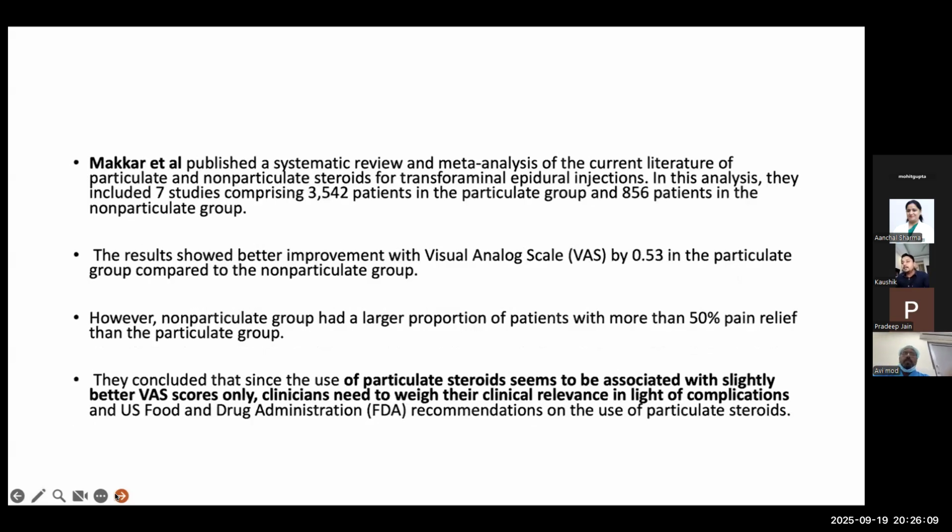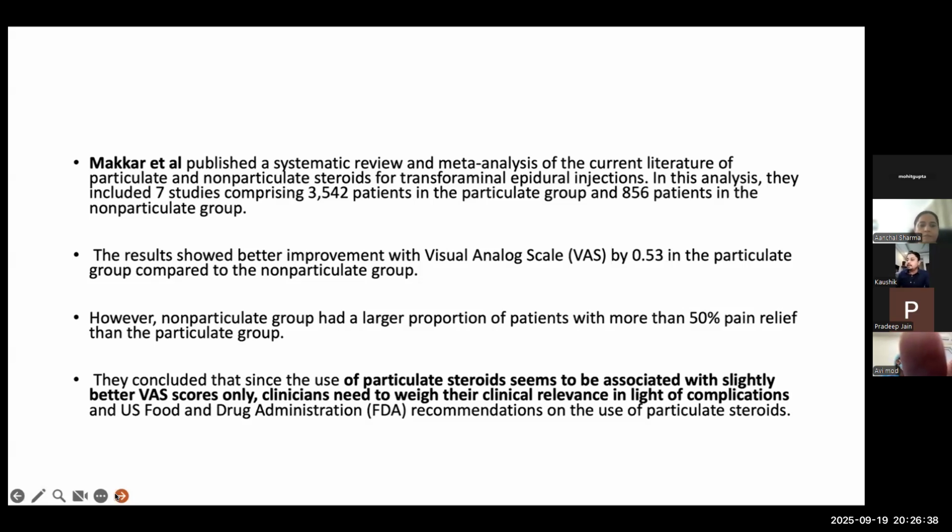The third and last report within the same guidelines was by Macker et al., where they studied a large group of patients and found that the visual analog score showed an improvement in the particulate group compared to the non-particulate group. However, in the non-particulate group, there was a larger population of patients who had more than 50% pain relief.